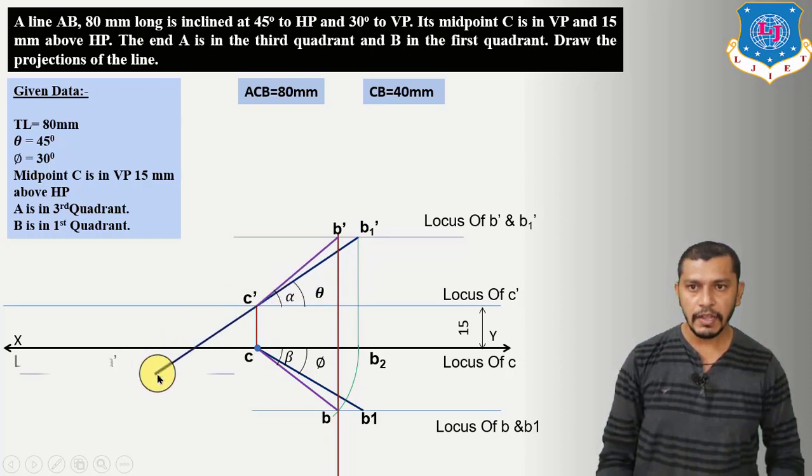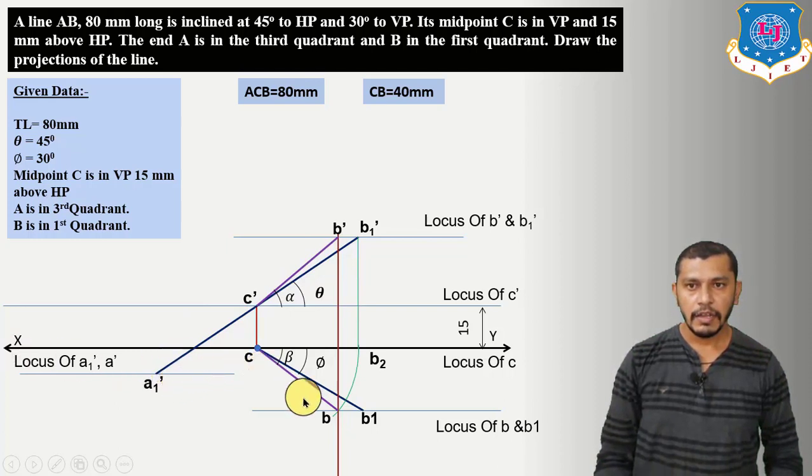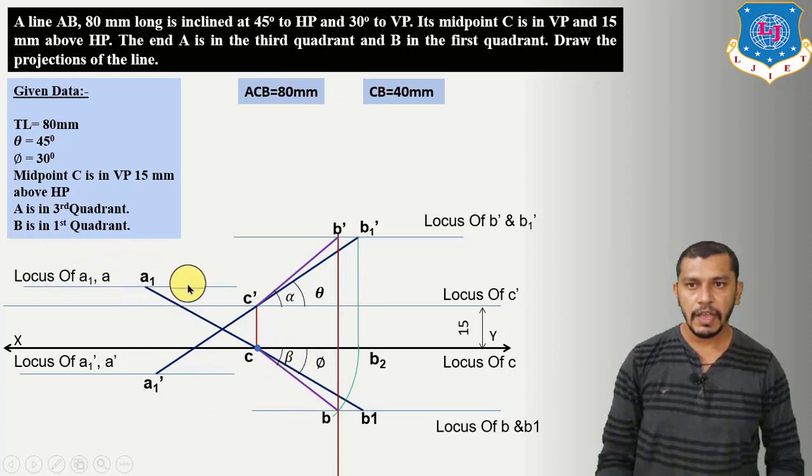So here we will get A1 dash, and this will be our locus of A1 dash and A dash. And extend this line CB1 in backward direction, having length equal to 40 mm. So 40 mm backward from C, extend this line in same direction at an angle of phi. Here we will get A1, and this will be the locus of A1 and A. So right now we have got the locus of A dash and A.